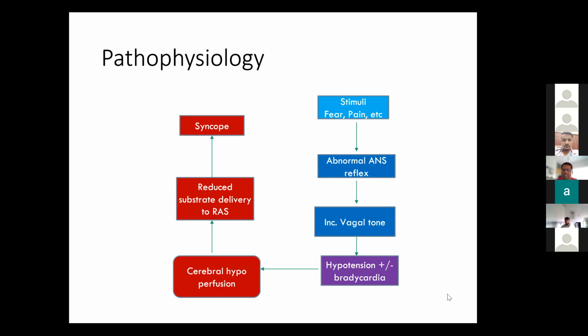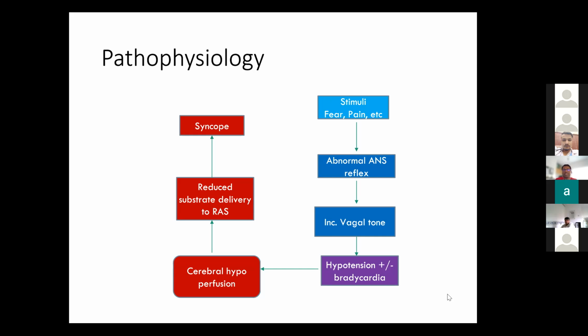It can sometimes inhibit the sympathetic tone, leading to loss of peripheral resistance, causing bradycardia as well as hypotension.